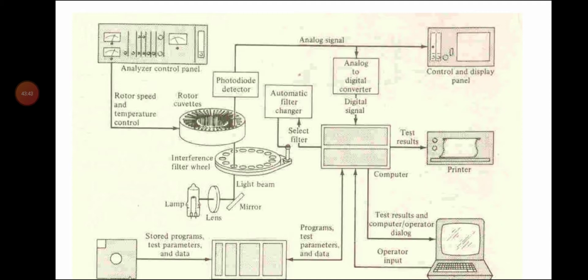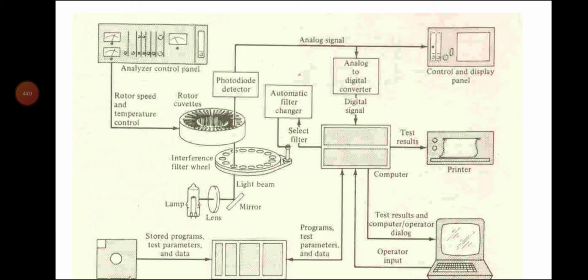Either visible or ultraviolet radiation is generated from this source. The photodetector signal is in analog form, which is fed directly to the controller and display system, which displays the concentration of the sample.